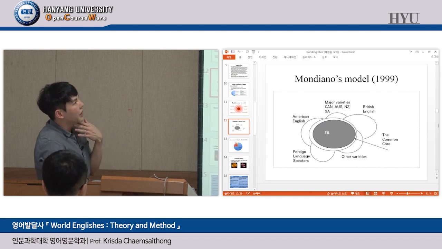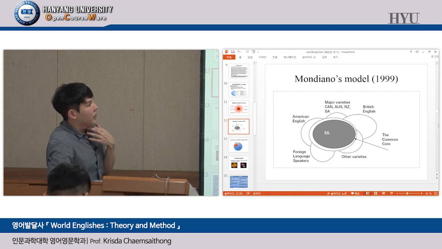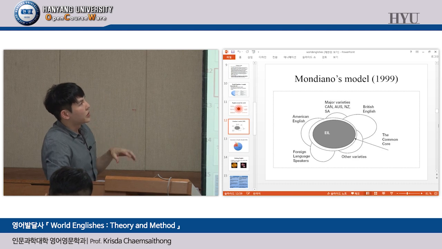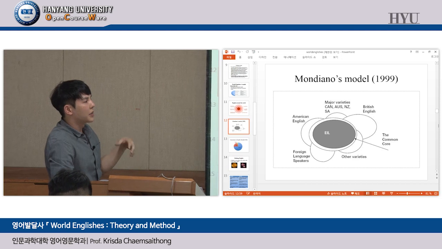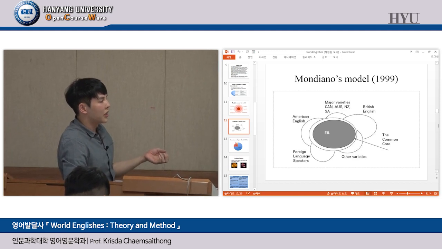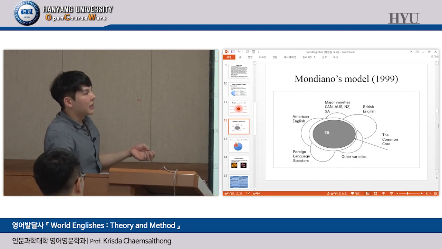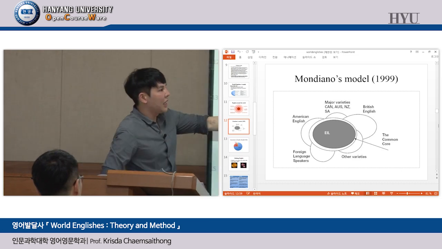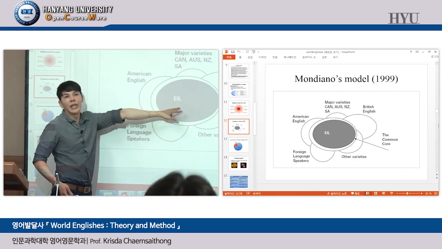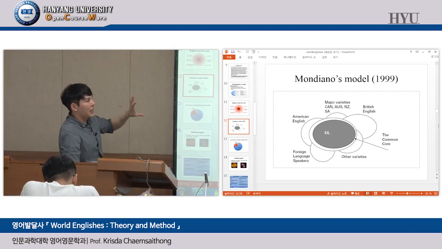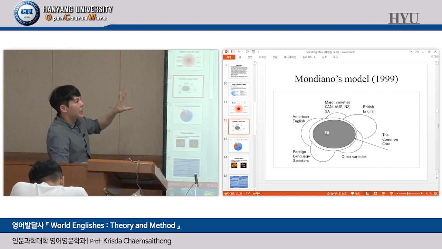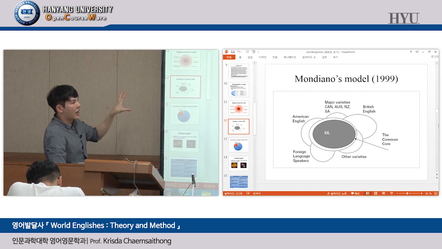And there's another model where this person, Modiano, another researcher, comes up with a new model. She proposes a new model where EIL is in the middle. EIL is English as an international language, which is in the middle because this is a variety that most other varieties share.